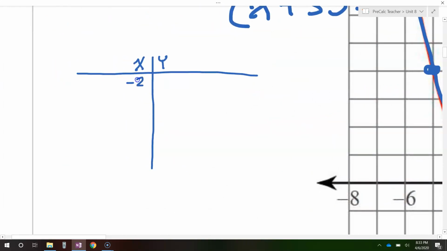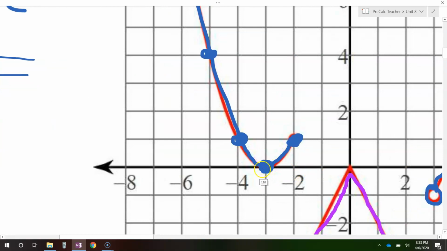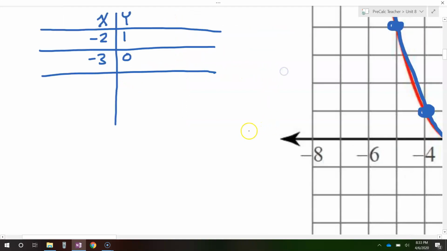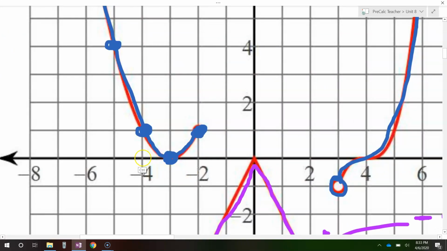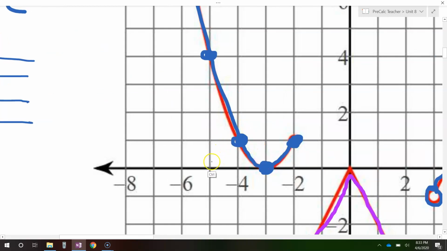So I have -2, comma 1. And then we have -3, 0. Great. And then we have -4, 1. Awesome. And finally, we have key point -5, 4.